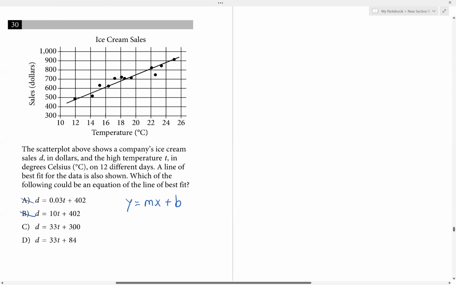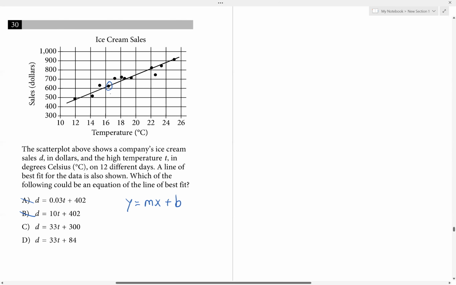So the y-intercept is 300 or 84. Or we could plug in a point on the line and test it out. We can pick any point on the line. You want to pick a point that's right on the line. Maybe this point should be a good point to use.